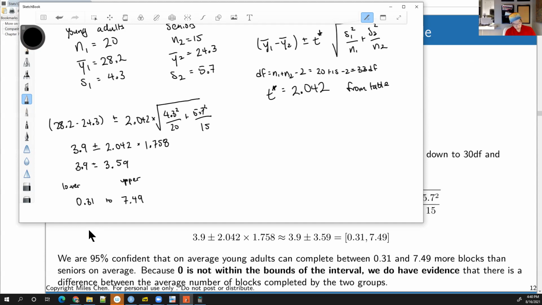Because our entire interval is positive, 0 is not within the bounds of the interval, we're going to say we do have evidence that there is a difference between the average number of blocks completed by the two groups. So this difference of 3.9 is big enough for us to say there is a difference, even though we only looked at a small sample of 20 young adults versus 15 seniors.